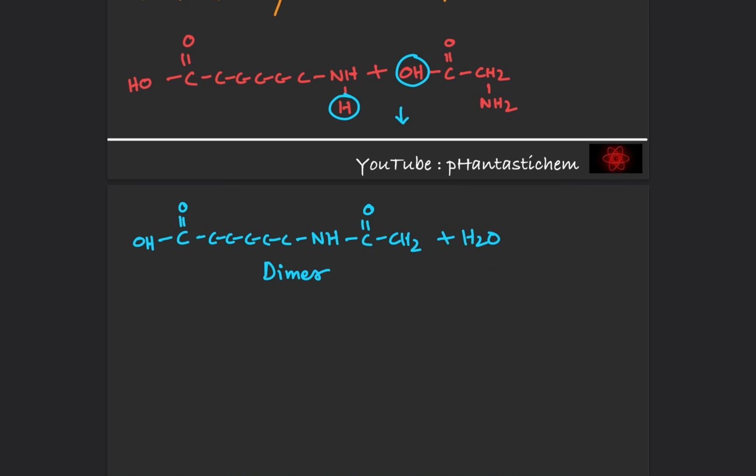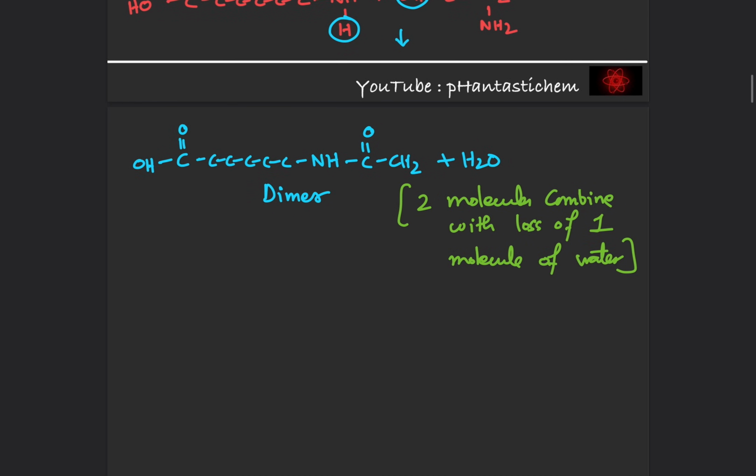Okay, so I will write this down. This is very important. Two molecules combine with loss of one molecule of water.